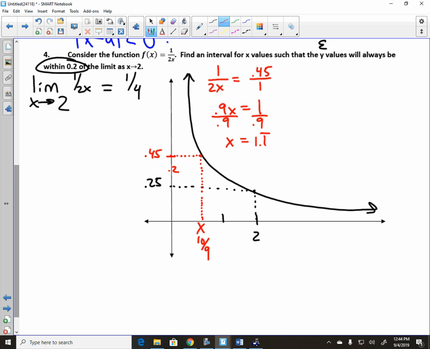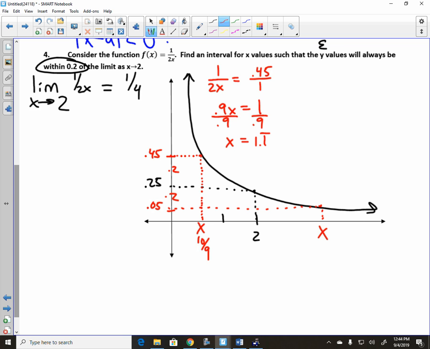I'm going to find another x value. Instead of going up 0.2, I'm going to go down 0.2. And where's that going to bring me? 0.05. Look at where that brings me to the curve. Is it to the right or the left of 2? To the right. I'm going to find out what that x value is.